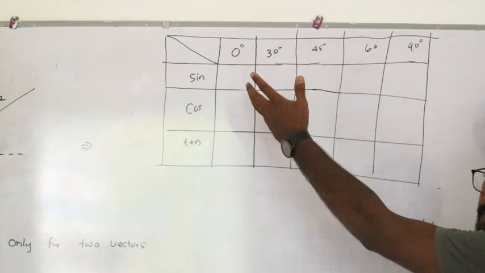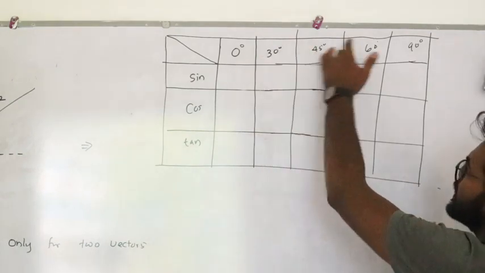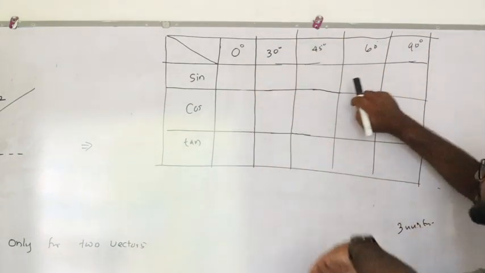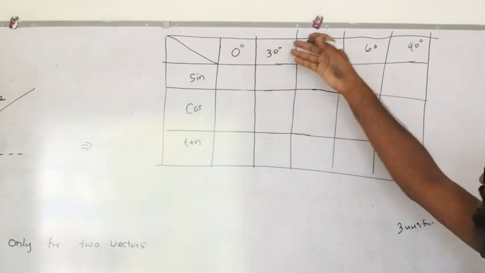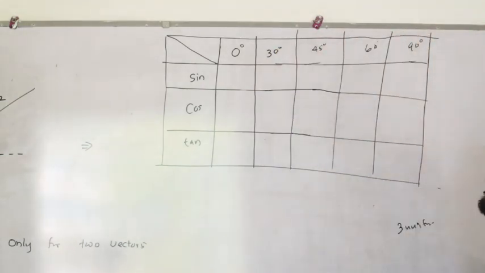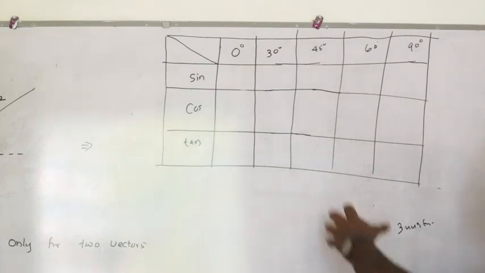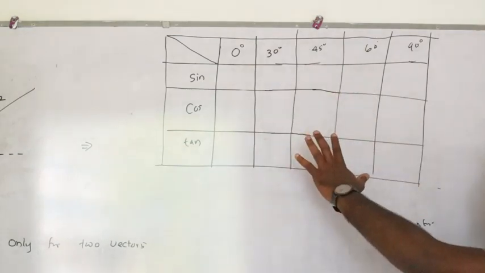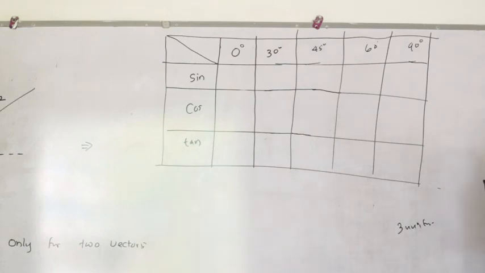Most of the time we are dealing with 30, 45, 60 and 90, could be sine, cos or tan. If you remember these values, it will be very easy. Without referring to those tables, you can easily substitute in questions, right?